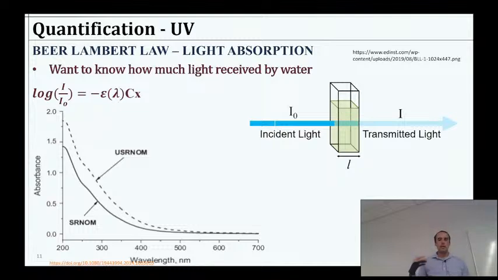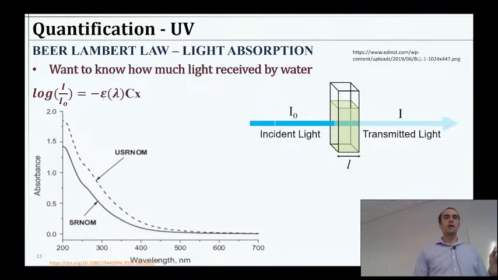Now, when we go to describe this in mathematical terms, we're using the Beer-Lambert law. You've probably used this or seen this in general chemistry at some point. We don't need to worry too much about it, but if you're curious, this is the precise way to describe it, where we can have some change in intensity.